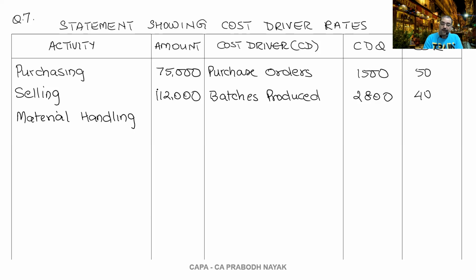Material handling 96,000. Cost driver is material movements. 8,000 cost driver quantity. Cost driver rate will be 12.